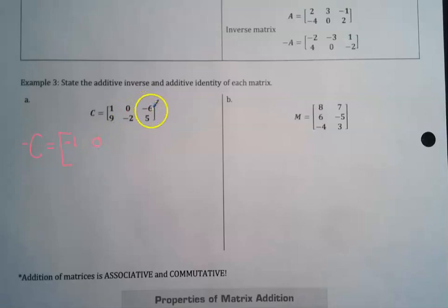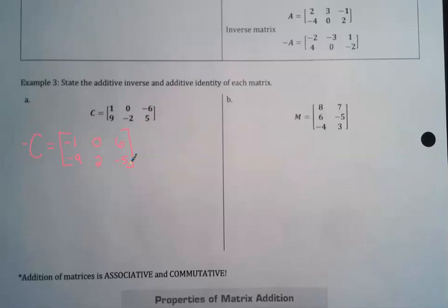The next element is negative 6. The opposite of negative 6 is positive 6. Second row, the element is 9. The opposite is negative 9. The element is negative 2. The opposite is positive 2. The element is 5. The opposite is negative 5. There is your additive inverse.